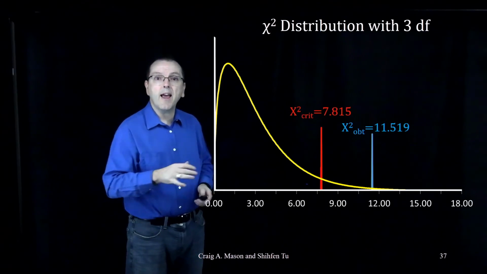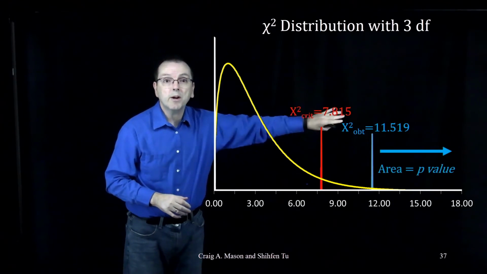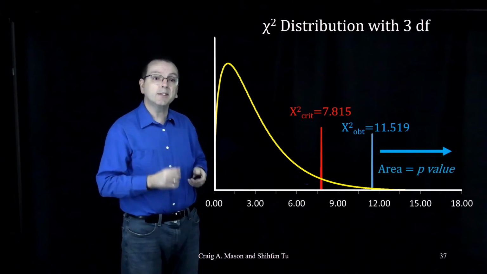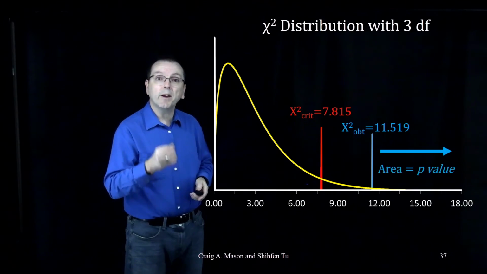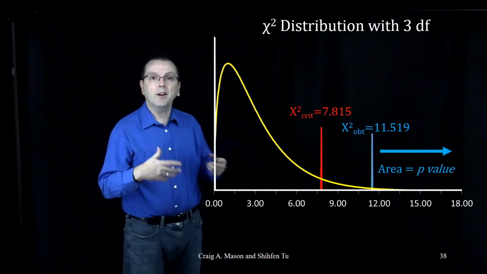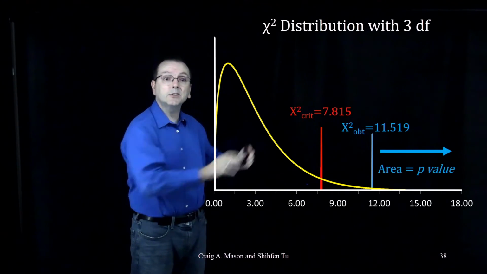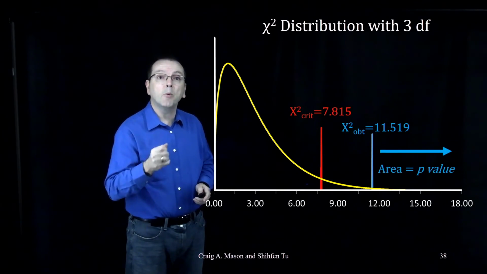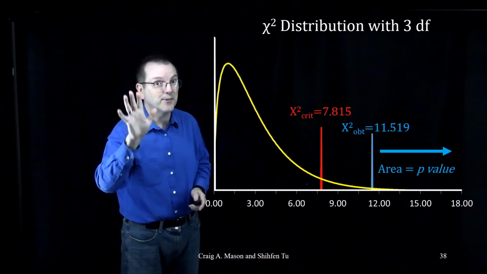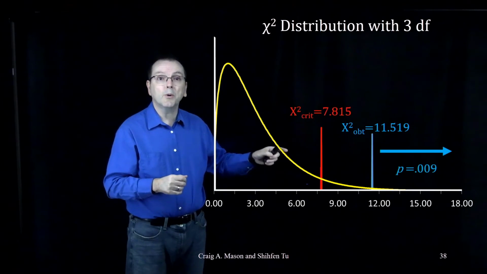That's equal to the area in our chi-square distribution that's more extreme than our observed chi-square of 11.519. So if we look that up, we find that the area above a chi-square of 11.519 with 3 degrees of freedom is equal to 0.009.